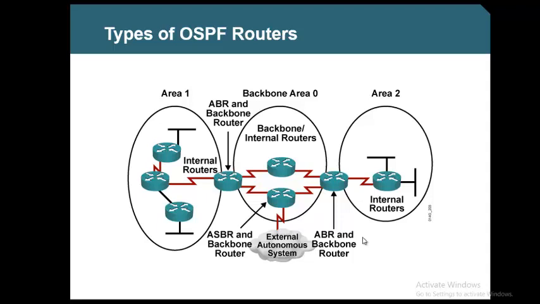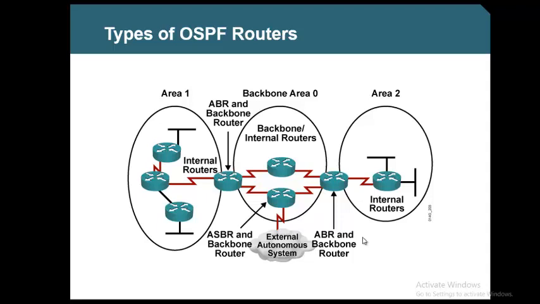We call it the area border router, ABR. The other routers are internal. If it is in area 1, it is internal to area 1. If it is in area 0, it is internal to the backbone area. Area 0 is called the backbone area.